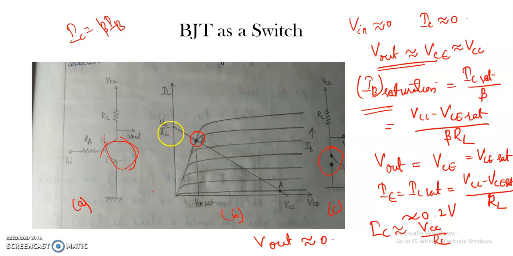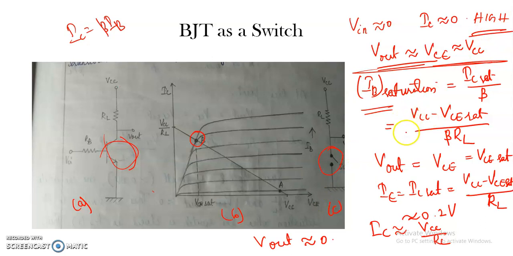So, we can conclude that when the input voltage Vin is low, Vout is approximately equal to VCC and IC is approximately equal to 0. This situation corresponds to high voltage.